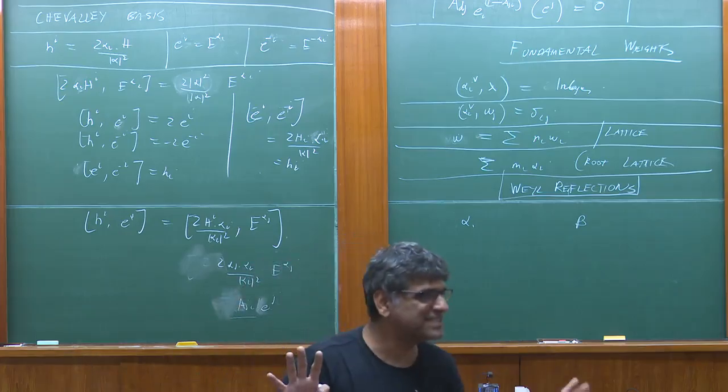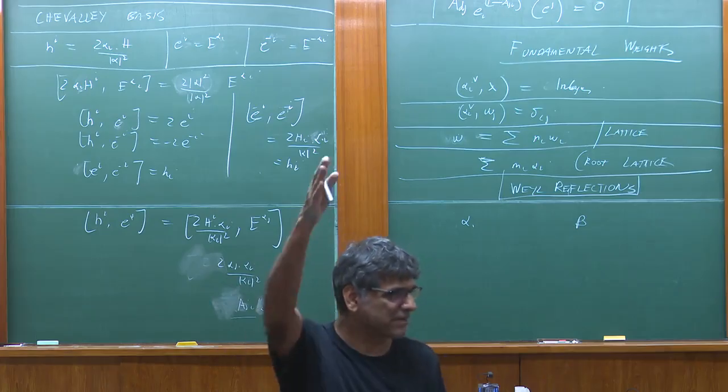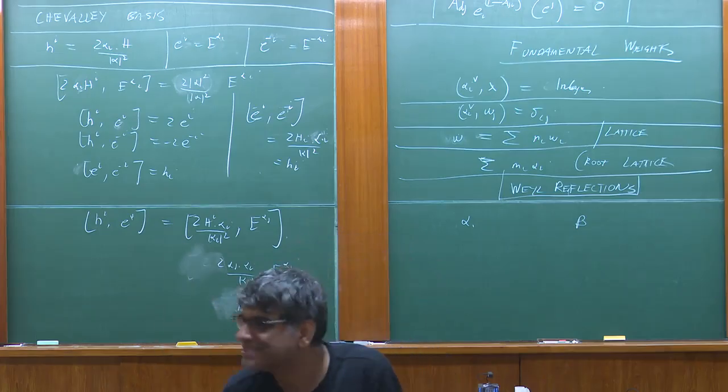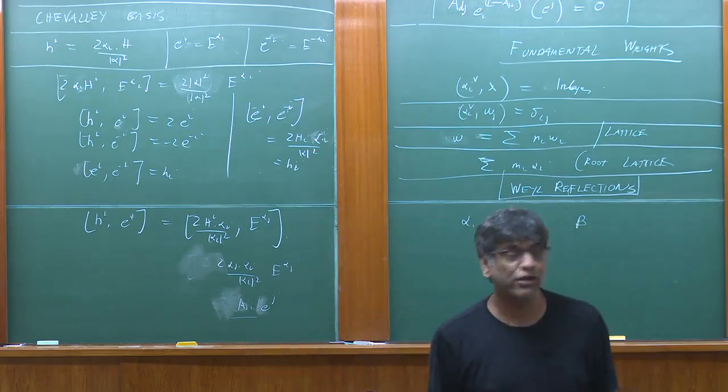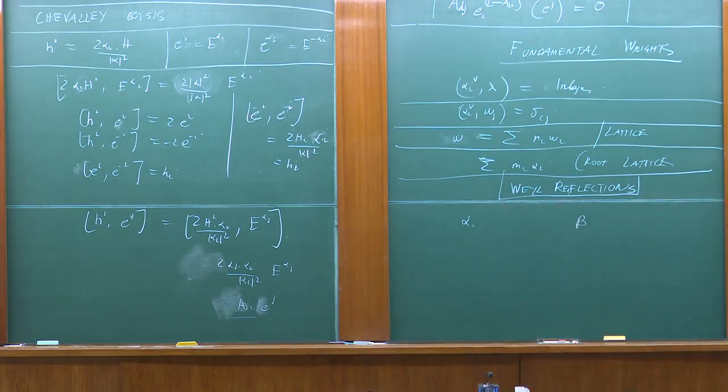That was a very complicated sentence, but you understand what I mean, right? It's not clear because we don't know how big that representation is yet. However, SU2 representations have the following property: no matter what representation you belong to, if Jz is an eigenvalue, then minus Jz is also an eigenvalue.